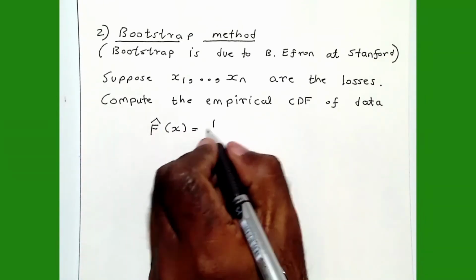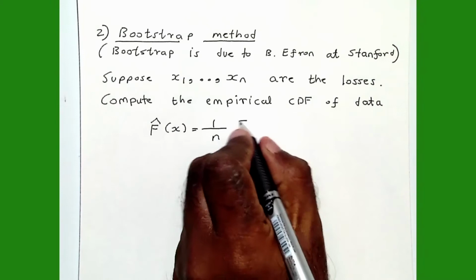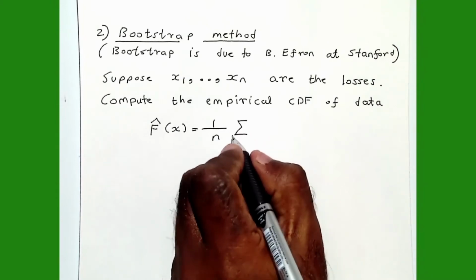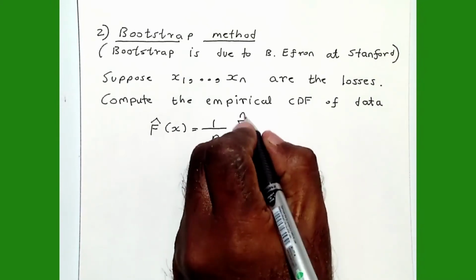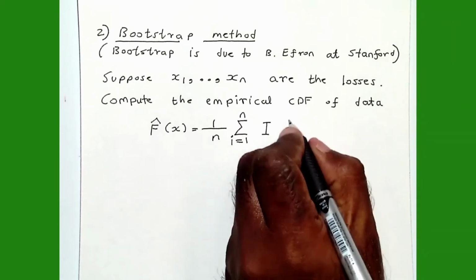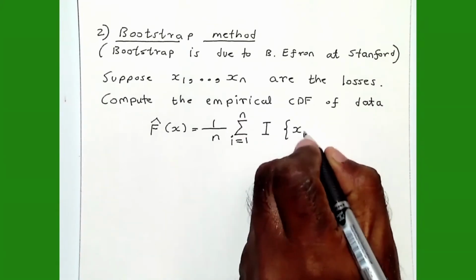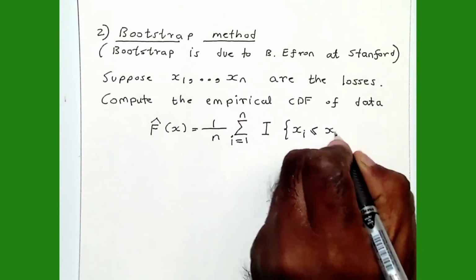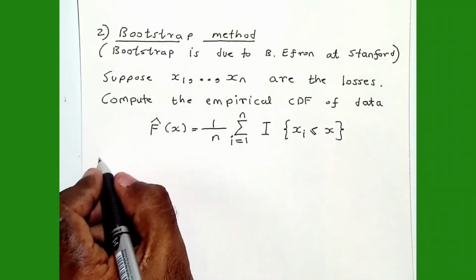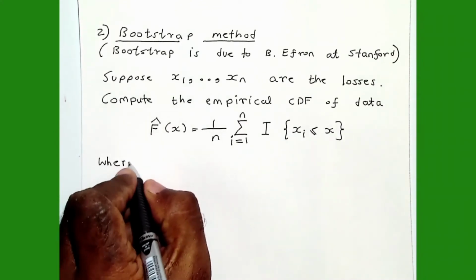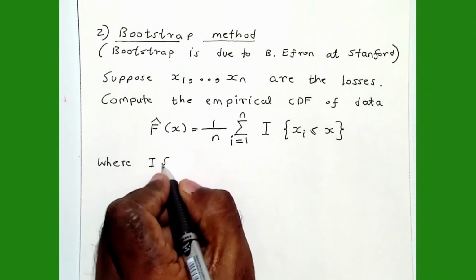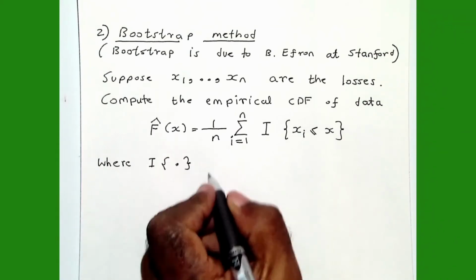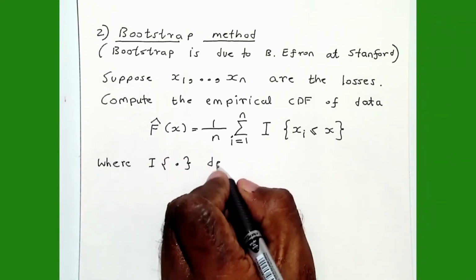This is the empirical CDF of the data, where I denotes the indicator function.